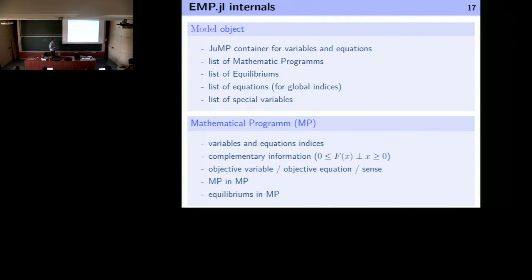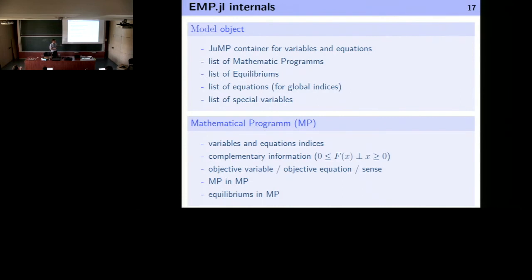Just to talk a little bit about the internals. Right now we have only one JuMP model to store basically all the variables and equations. Then we have a list of mathematical programs, a list of equilibria, a list of special variables, and the root node of the graph to see how this one is constructed.